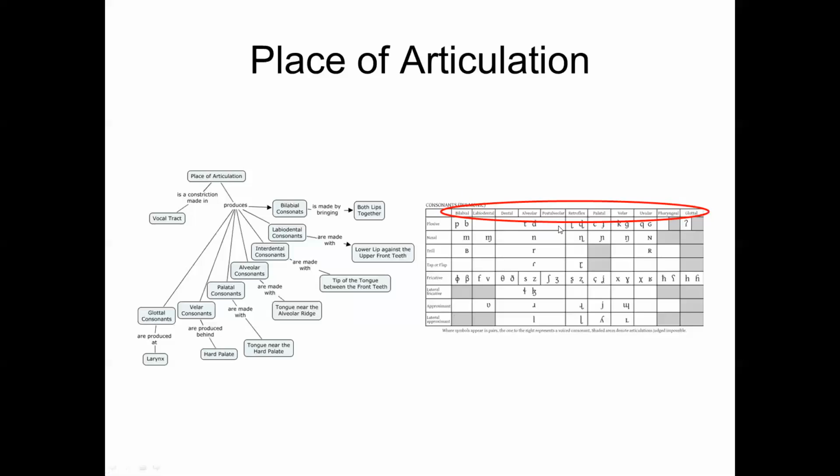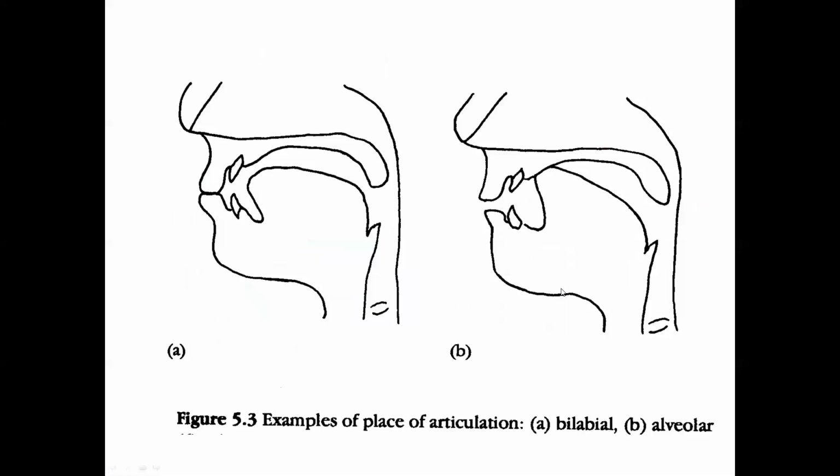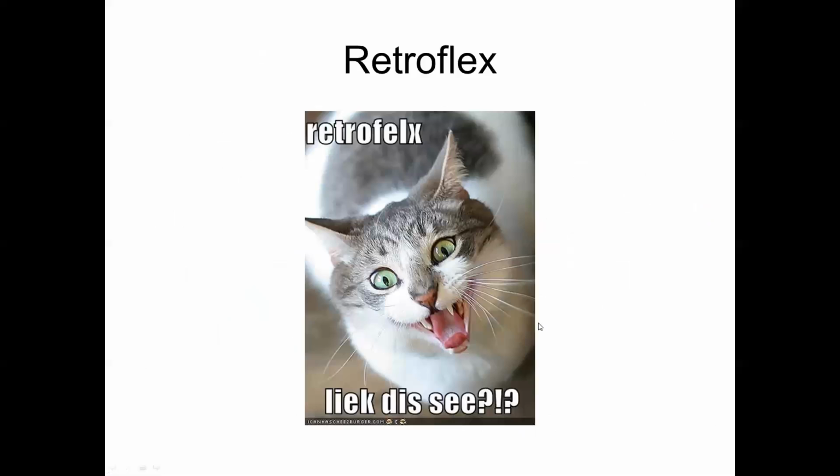However, if we curl that tongue back even more, this is where we get to this other so-called place. It's almost more like a manner of articulation, but it's called retroflex. That's when your tongue is nicely curled like this kitty is showing here.